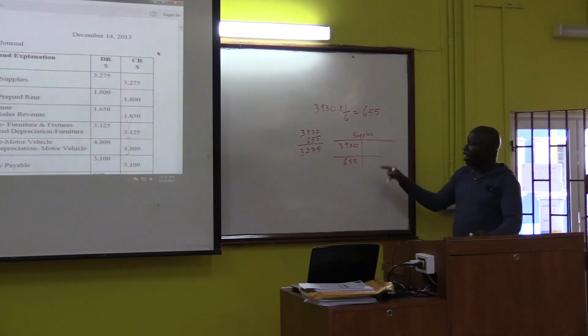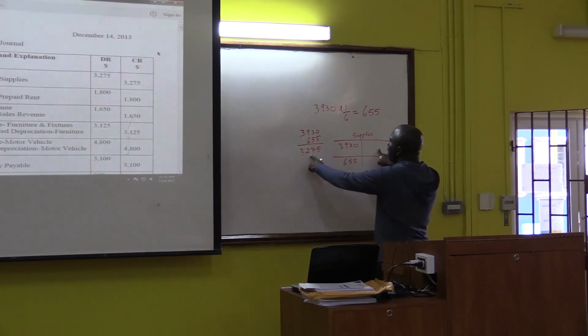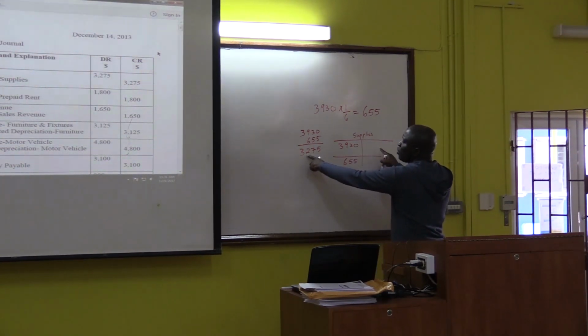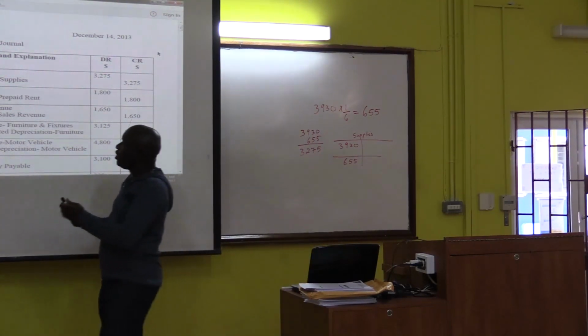We need to credit this account, because the only way this can change from here to this figure is if the difference comes on this side. So we're going to credit 3,275, which is what you see in my journal entries.